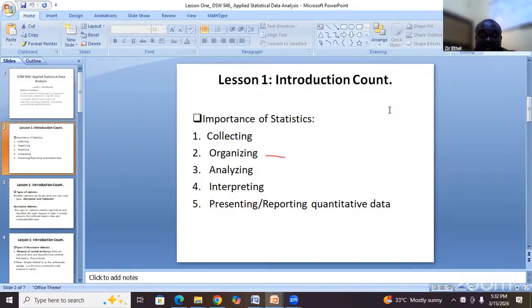Can you see my screen? Hello? Yes, we can see the screen.